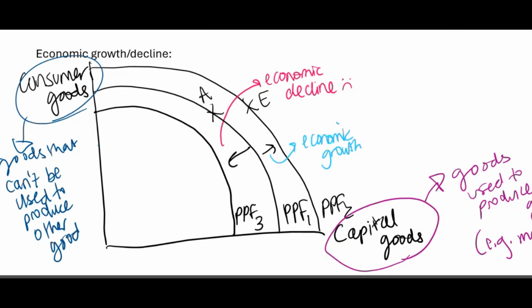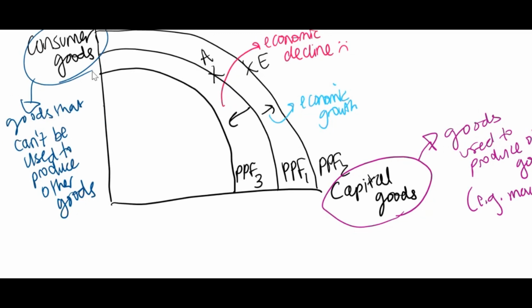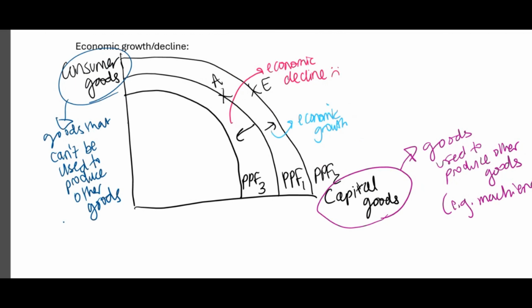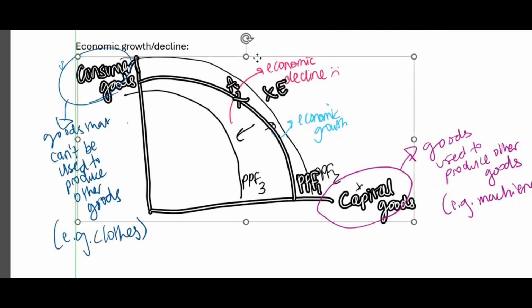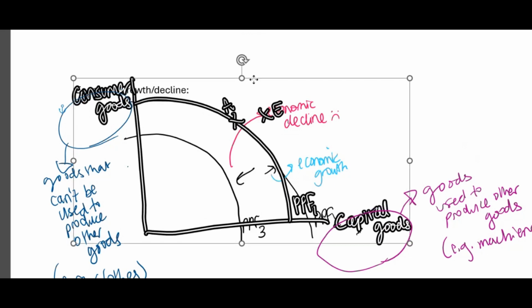So give me an example of a good like this. I mean, I guess it is the final good, but yeah, give me an example. Like a cake. Yeah, you're right. Actually, a cake is a good example, but I'm just going to say clothes because cake is just a bit of a unique one. Wasn't expecting it.